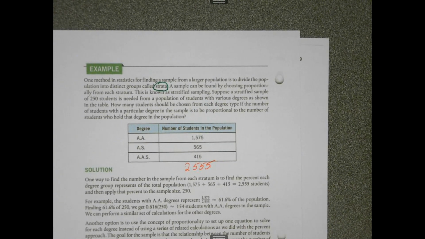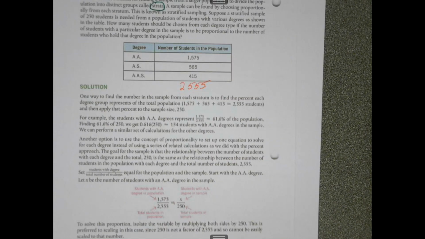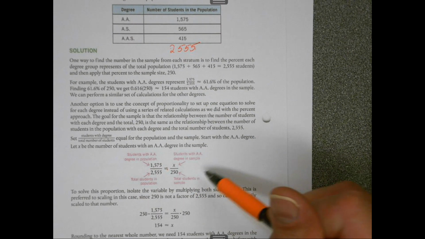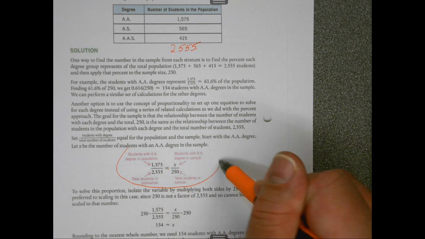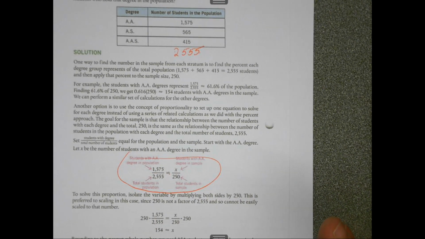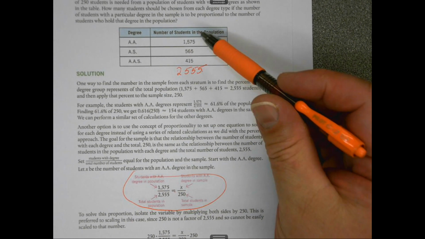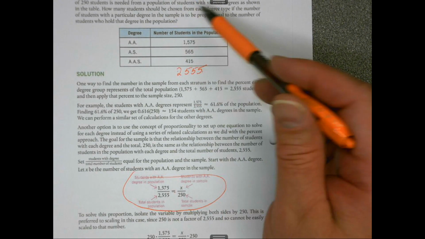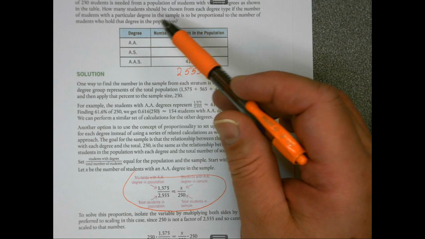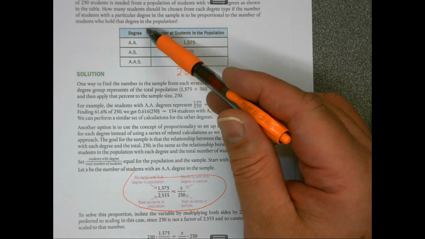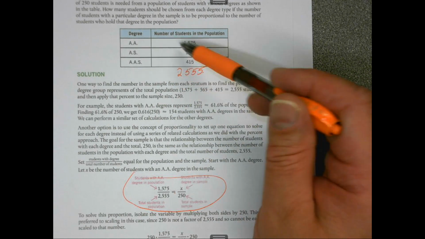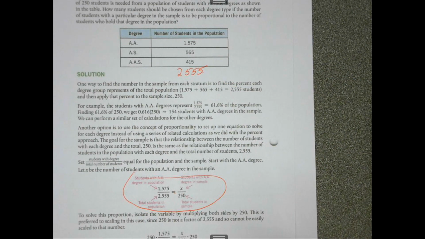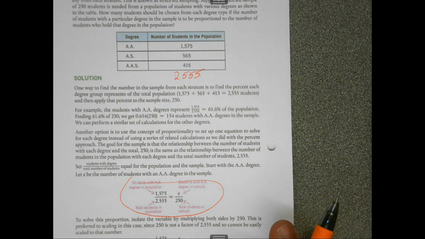So basically, we're going to take data from a huge population, maybe set up different strata. We're going to stratify it, divide it into different groups, and then figure out what percentages, or how many people.